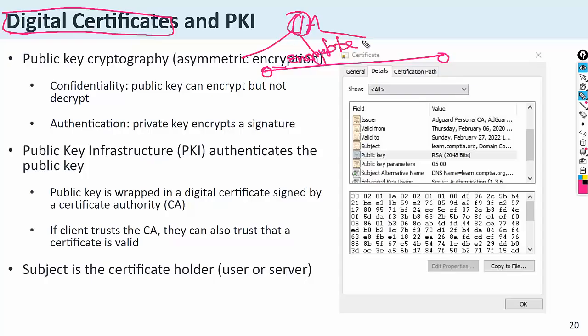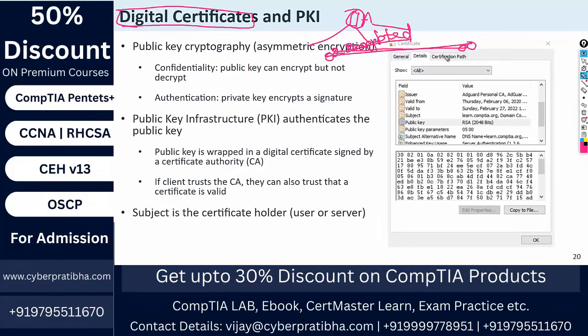When the data is encrypted, nobody can access or modify it. All this data encryption and decryption, securing the communication over the network, can be done using the digital certificate.